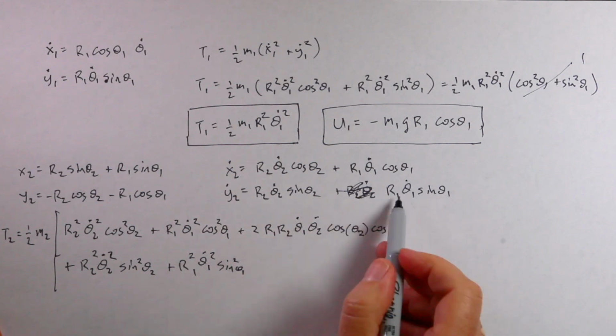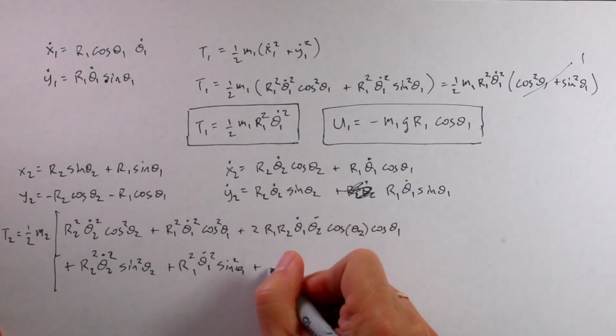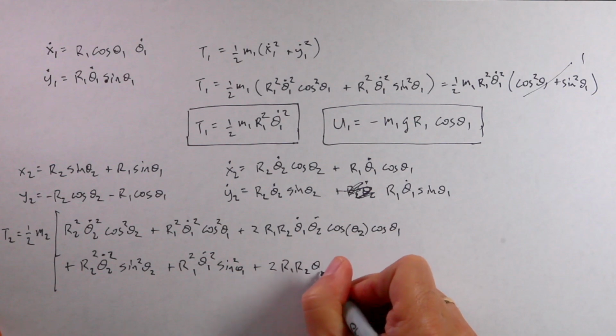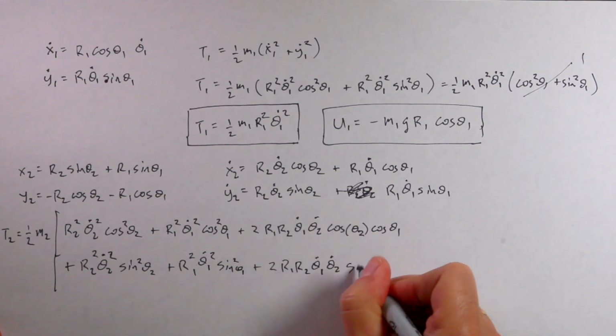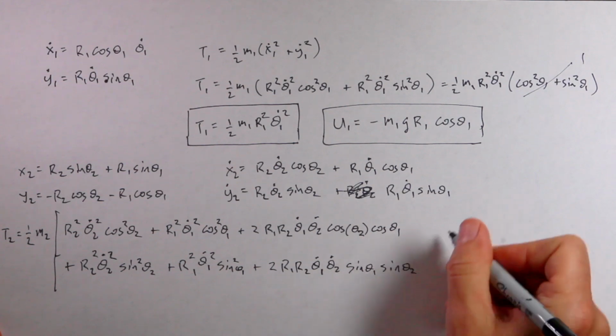And then I get twice the cross product, I don't remember what it's called, plus 2 R1 R2 theta 1 dot theta 2 dot sine theta 1 sine theta 2.